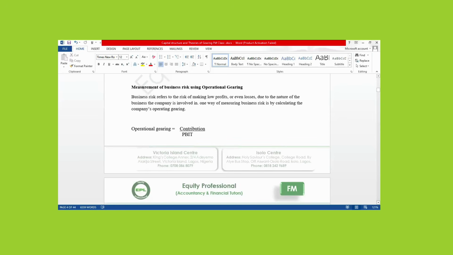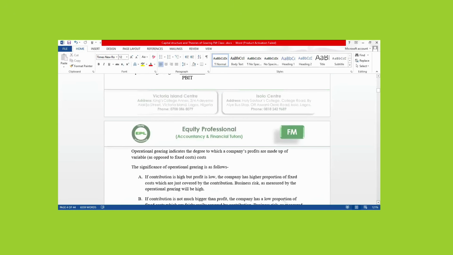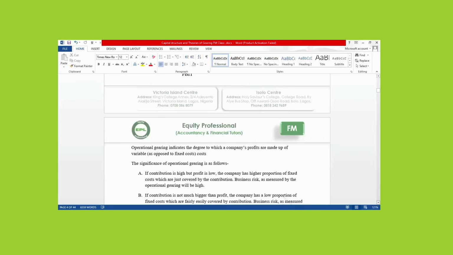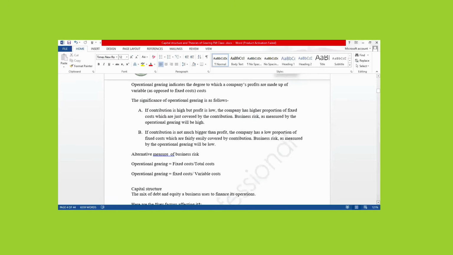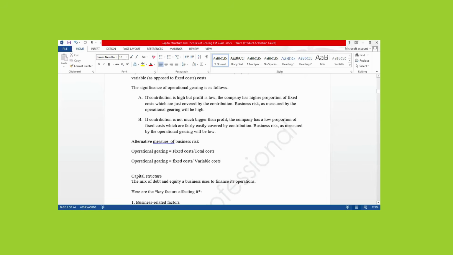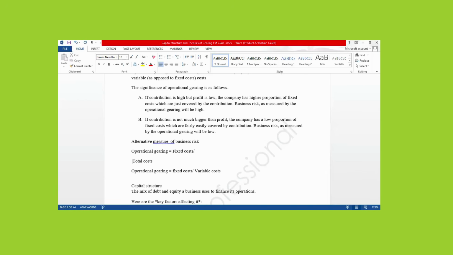You can also calculate operating gearing as fixed cost divided by total cost.